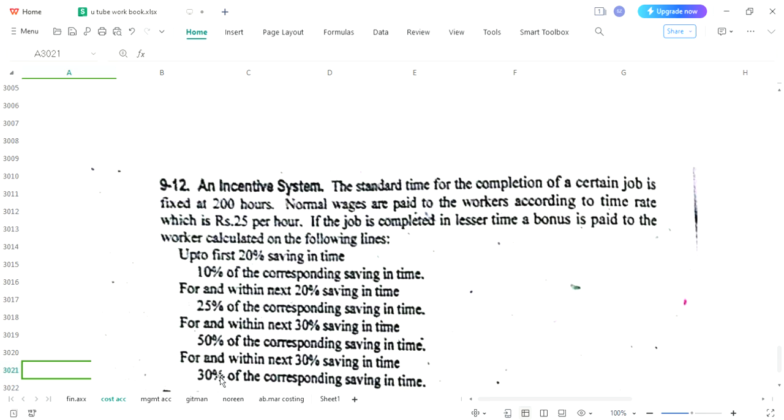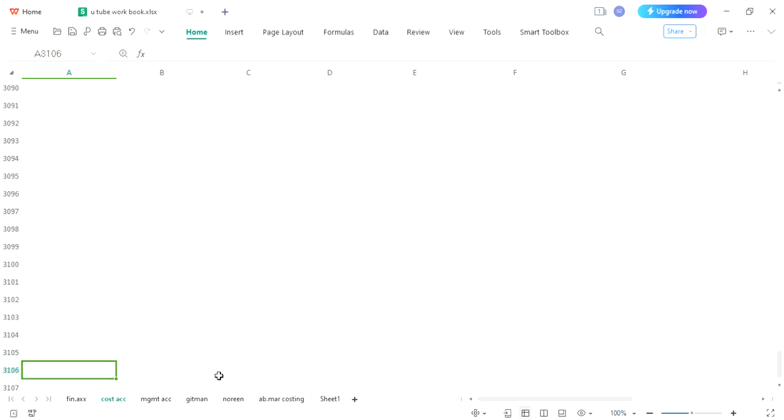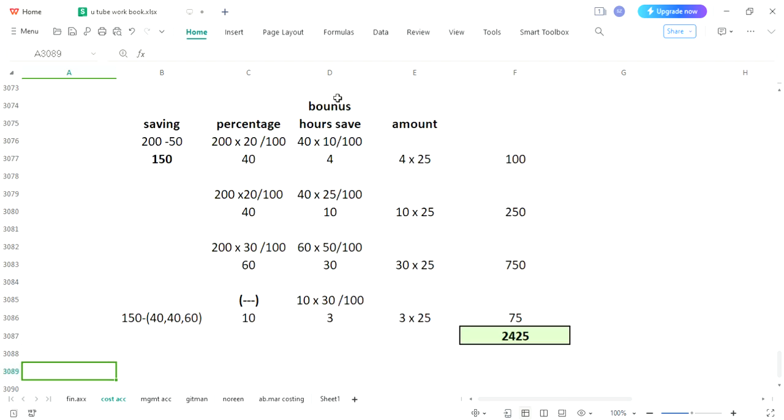These were the first and second percentages we have calculated. With this, we have 4 and we have multiplied it with the 25 per hour rate.